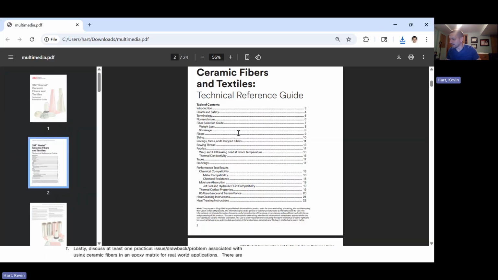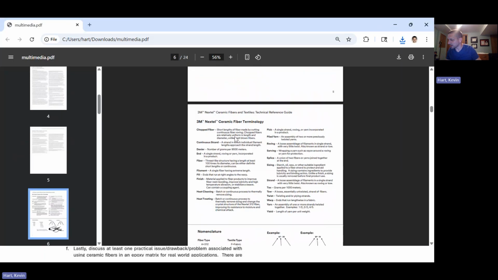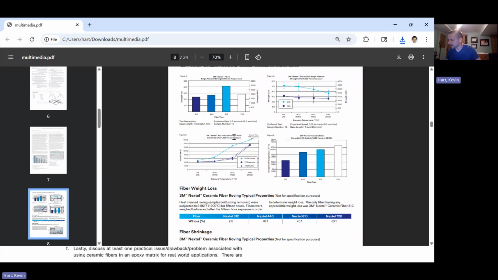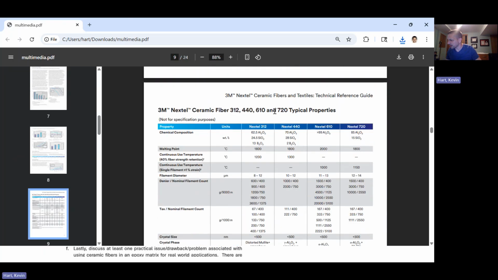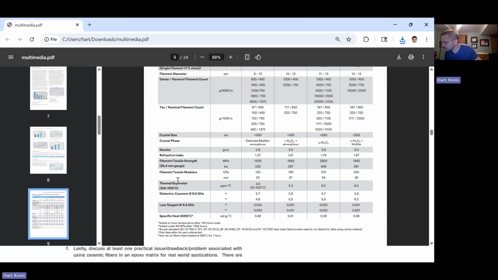All right, so let's find Nextel 720 ceramic fibers. We'll scroll down here till we find our chart. And 720, Nextel ceramic fiber 720. All right, so here's Nextel 720. We want the modulus. All right, so filament tensile modulus, 250 GPa, right there.